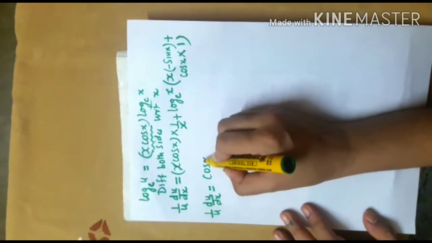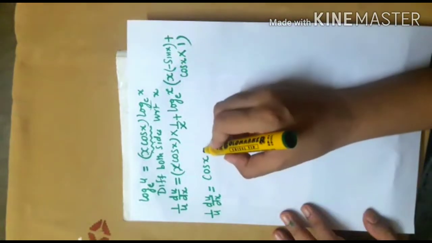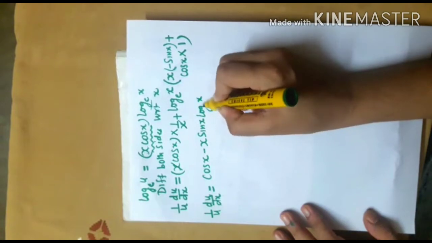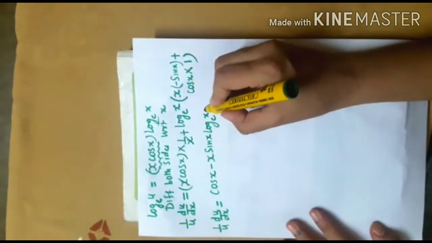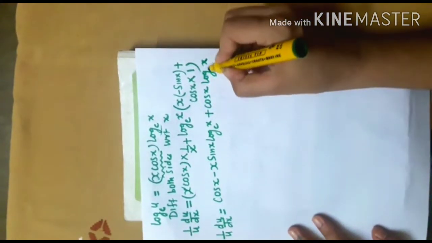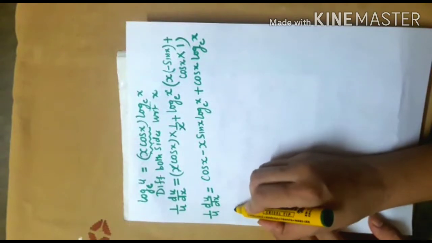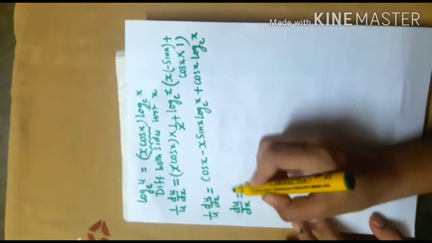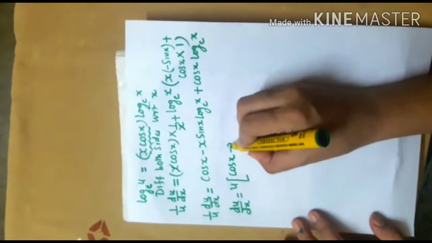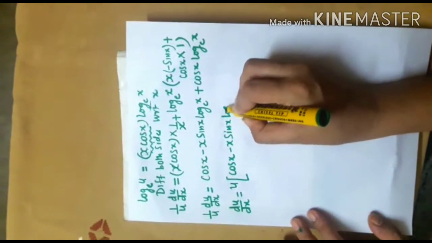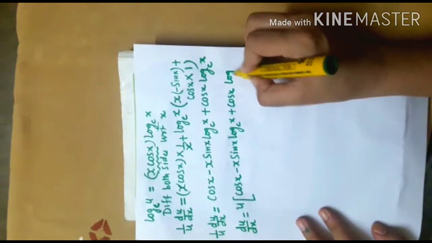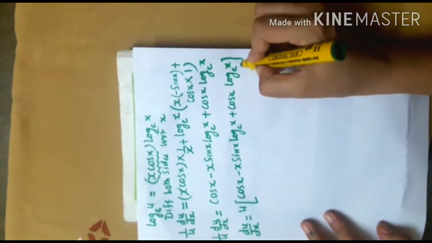So here I'll get cos x, I open the bracket, minus x sin x log x, and here I'll get plus cos x into log x. So from here du by dx will be equal to u cos x minus x sin x log x plus cos x into log x to the base e.